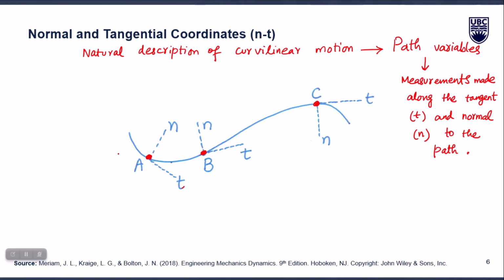At one time instant t will have one direction, and n will be at a 90-degree angle to that t. Similarly, at the next time instant the t will change its direction, so the axes are moving with the particle now. This is one major difference in using these coordinate systems, or path variables, right? So first of all, n and t move along the particle, along the path.